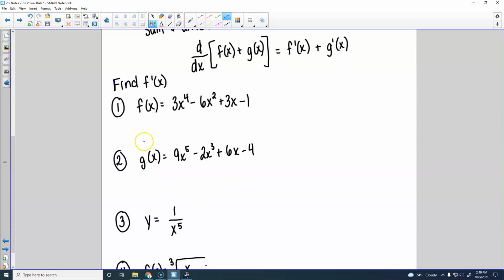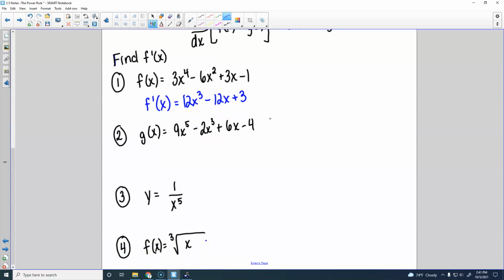Because if I asked you, Thomas, to do number 1 for me here, we got 12x to the third minus 12x plus 3. And that's it, because that 1 is just going to be a 0, because that's a constant, right? So you were already using those properties because you were taking the derivative of each one of those separately.